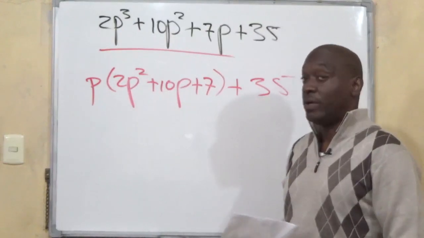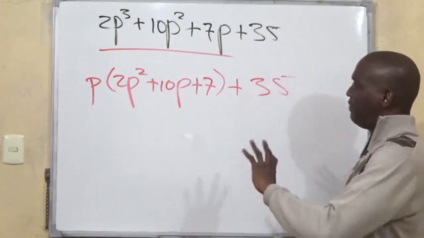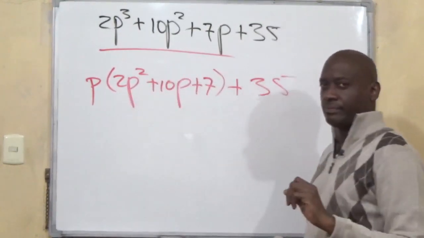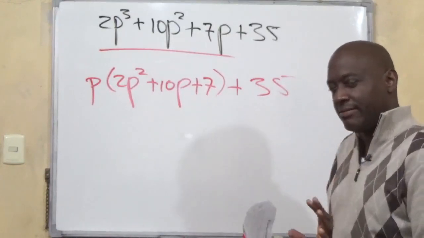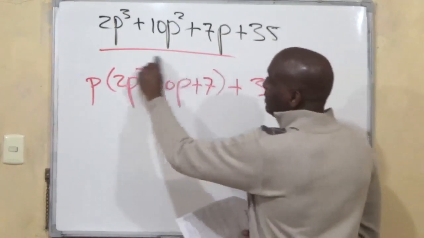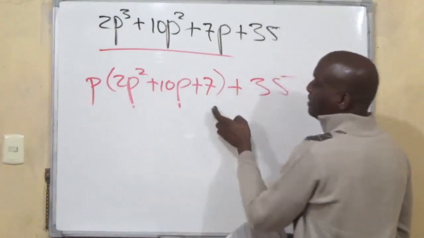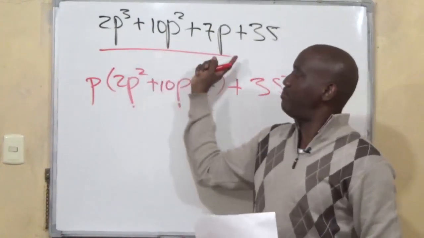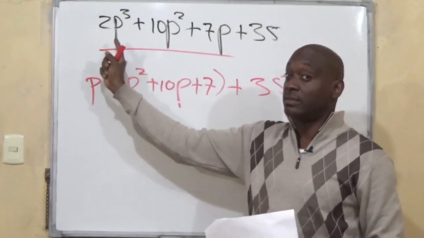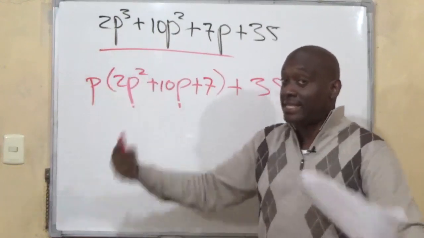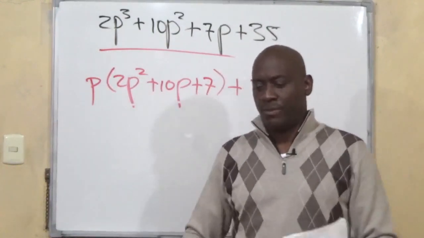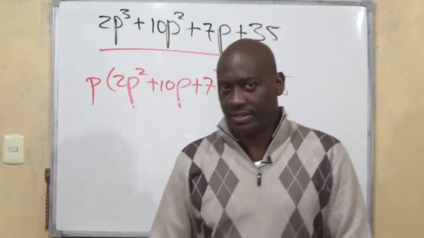Alright? So what I want to introduce is following along the same lines, but slightly differently. The same way that you could take this as a group and factorize, because you see the p running across 3 terms, you could take the same idea and apply it in a slightly different context.